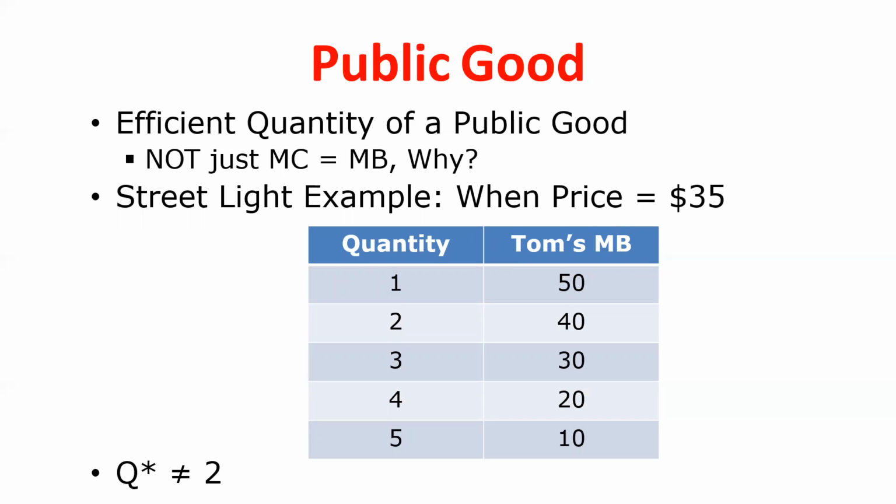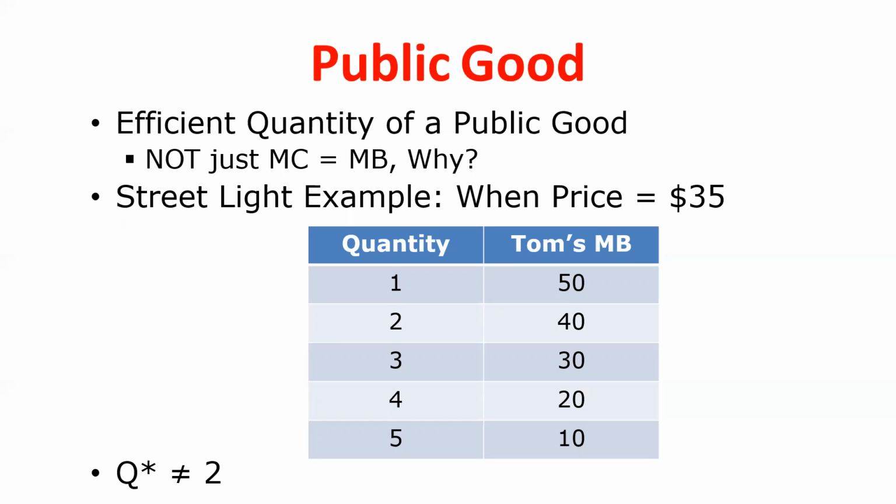We know that people will choose to purchase something up to the point where the marginal benefit is above the price, or above the marginal cost. So let's say we had an individual thinking about how many street lamps they wanted to put up on their street, but they have to pay for them. Okay? So we look at the different marginal benefits of having more street lamps.